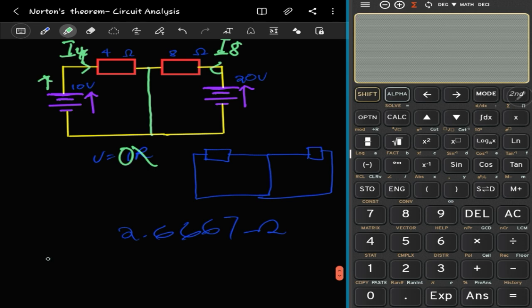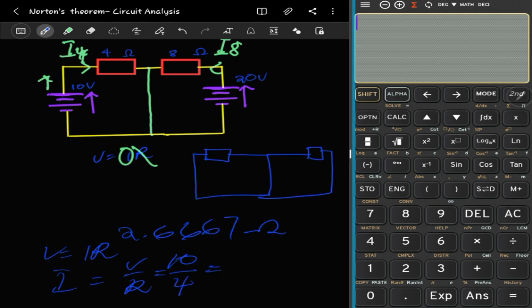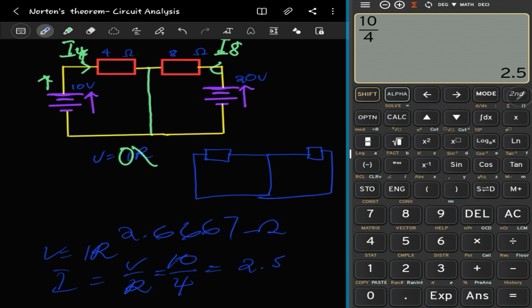So we know V, then again, the general equation V is equal to IR. I keep on writing this because it's very important that we keep this in mind. So we're trying to find current, right? So we need a V and then we need an R, right? We have the V to be 10, and then we have the R to be 4, right? So let's see what that gives us. So we have 2.5 amperes, which is for I4.